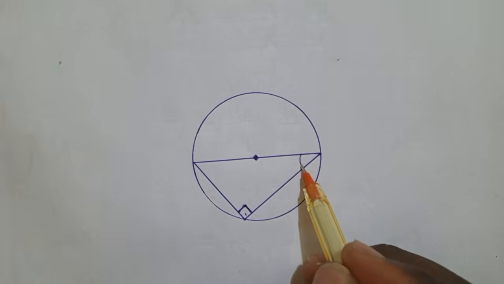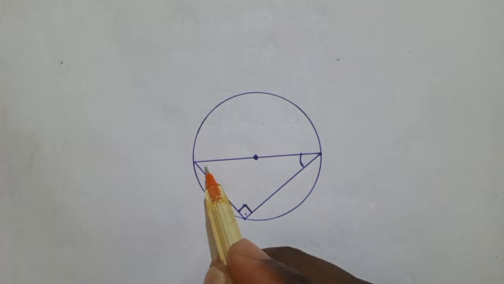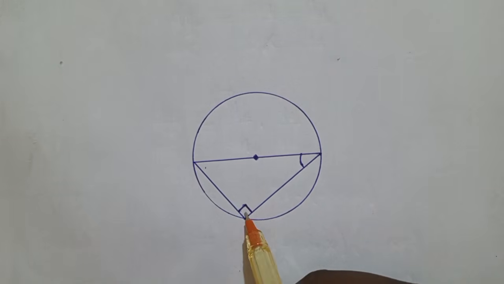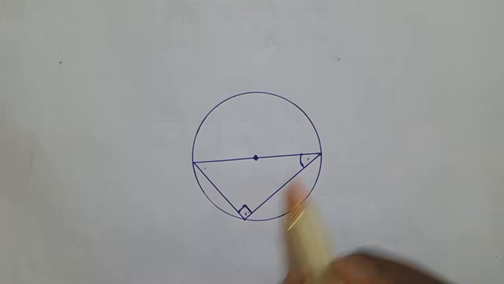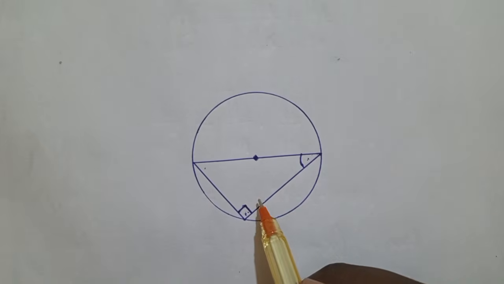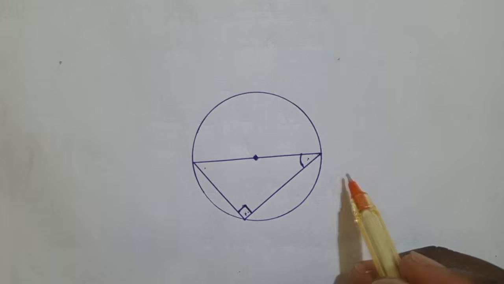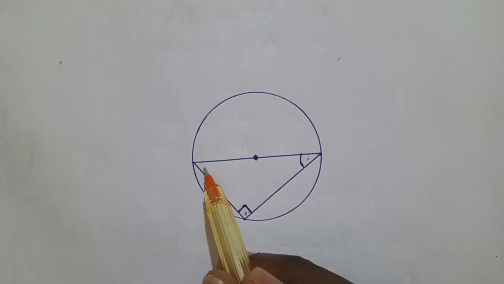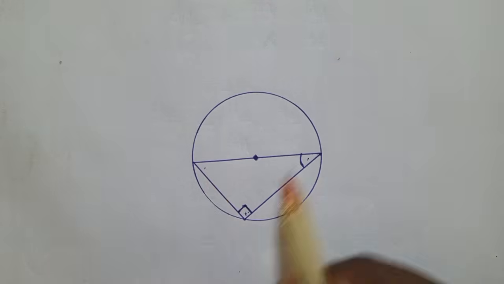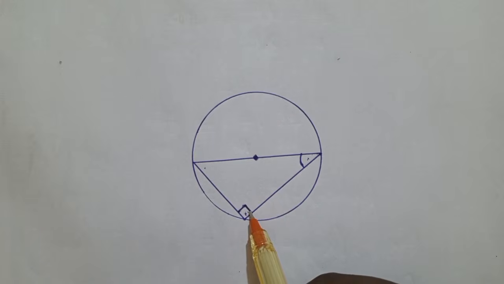So when you've been given this angle, to find the angle here, you just need to add this angle plus this angle. The sum of these two angles, you subtract from 180. This is because we know that the sum of all the angles inside the triangle add up to 180.